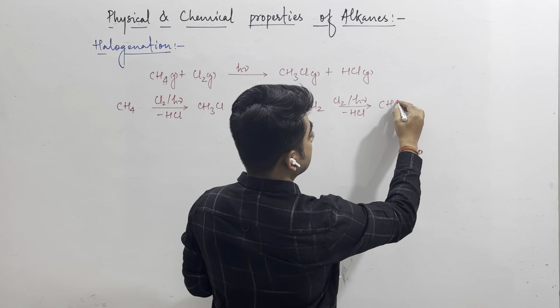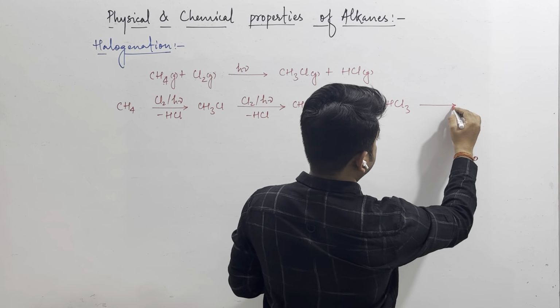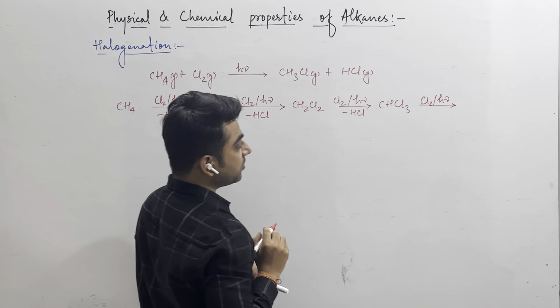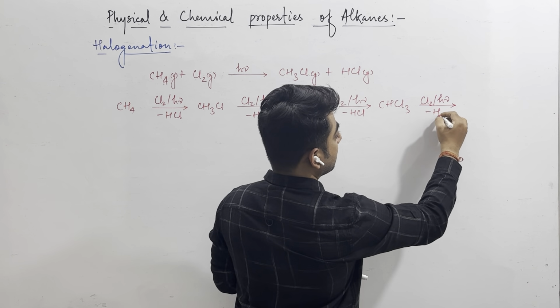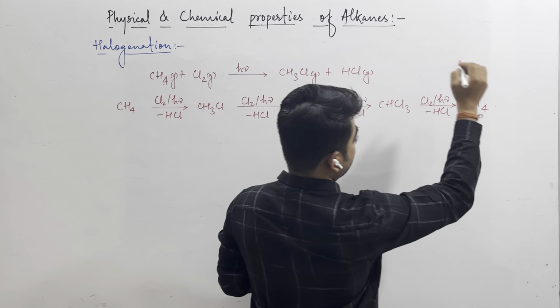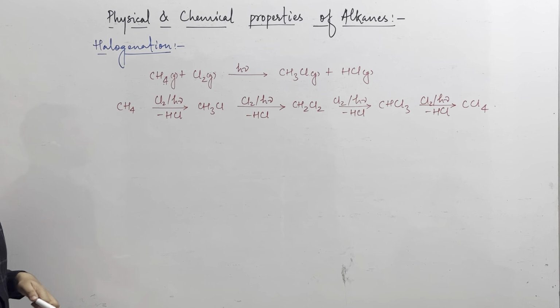And again on reaction with chlorine molecule in the reacting mixture, HCl gets eliminated and it gives CCl4, carbon tetrachloride.